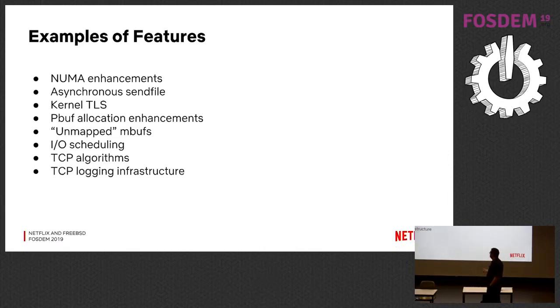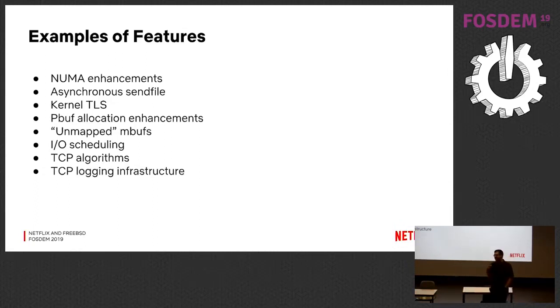The next two were pbuf allocation enhancements and unmapped mbufs. Those are both ways that we gained efficiency by taking bottlenecks out of the system. The pbufs are the physical buffers that handle or store data when it's coming off of the disk. So they would be buffers for disk operations.